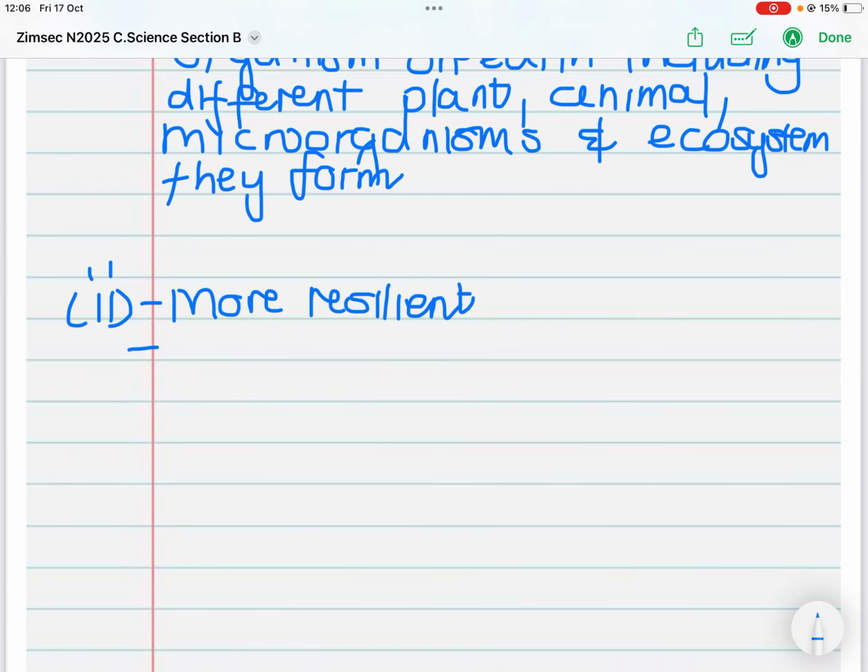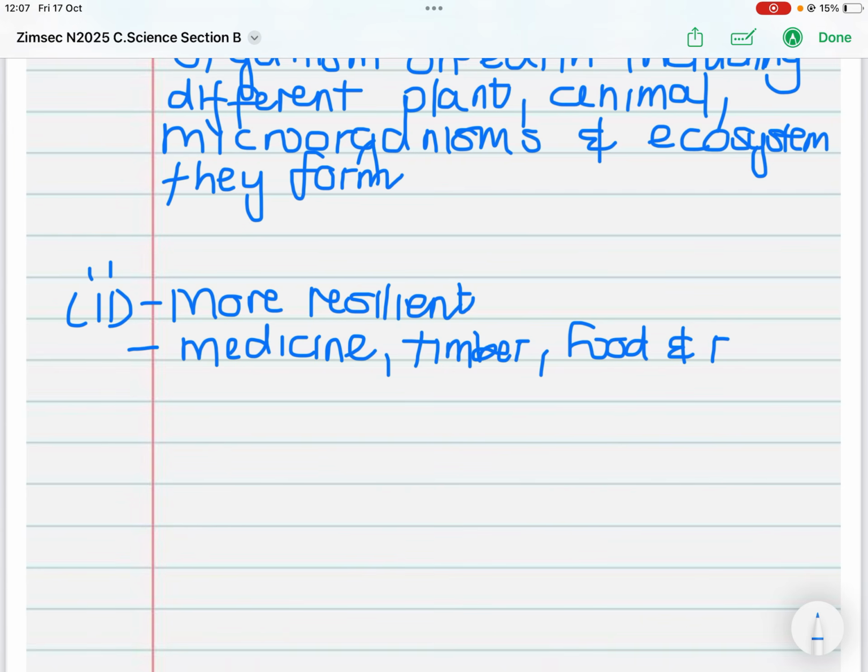The biodiversity provide food, medicine, timber, and raw materials. So they provide medicine. We can also get the timber, the food we want to eat, and also other raw materials. We get this from the biodiversity.